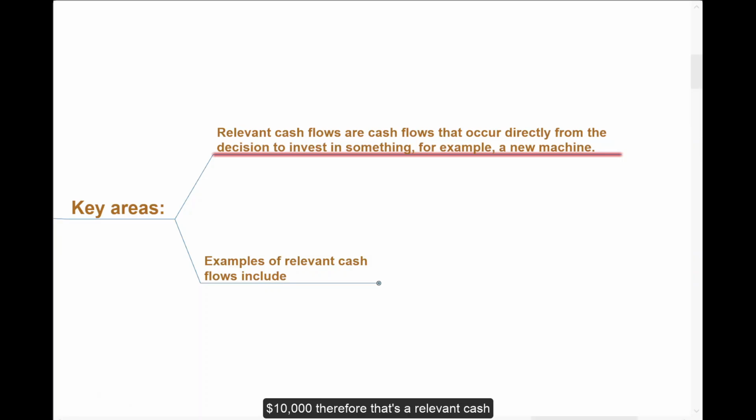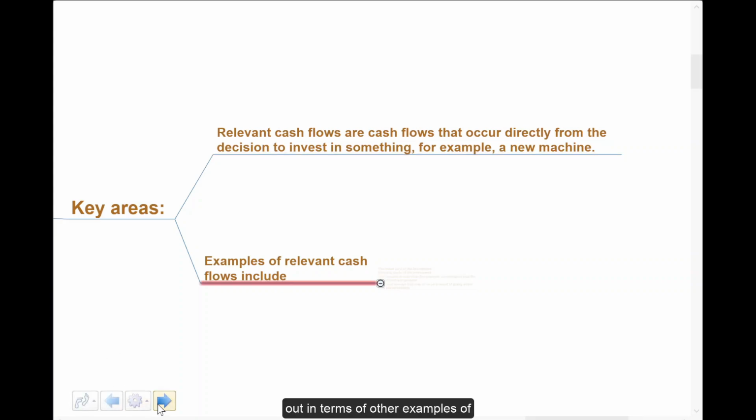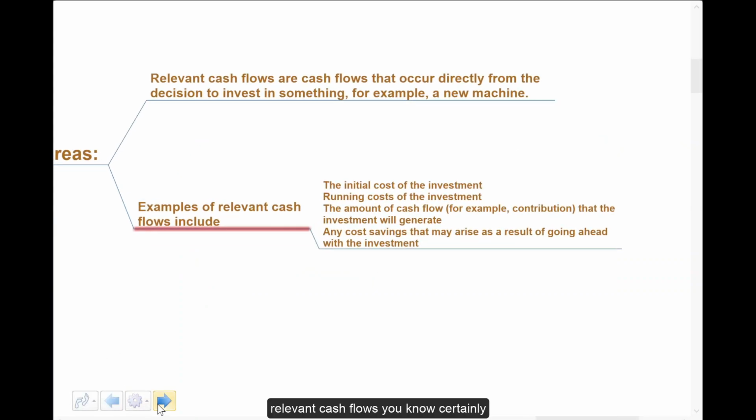Therefore, that's a relevant cash flow. That's cash going out. In terms of other examples, certainly the initial setup costs, running costs, and indeed outside of that, certainly the cash flow that the investment will generate, in other words, money coming in, and possibly some cost savings.